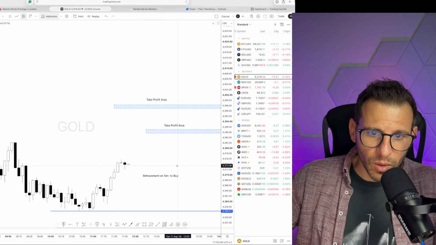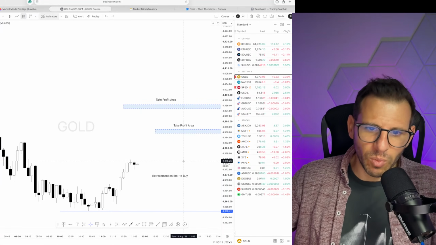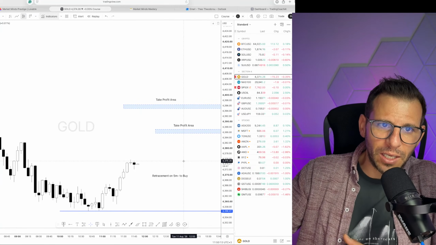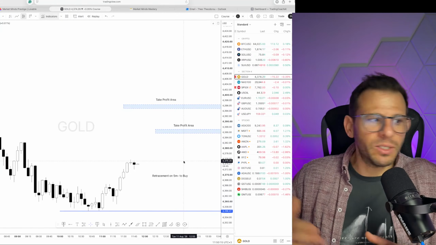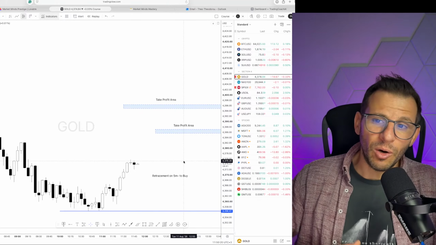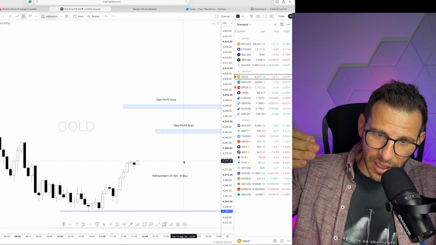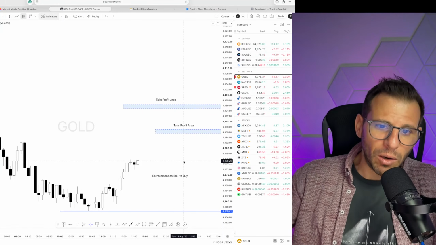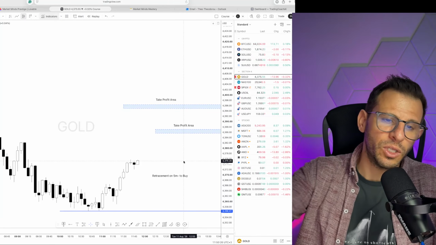Think about that. How is it possible these guys were making money with this stuff, but today, because someone came up and said, you know what, indicators don't work? It's the trader that doesn't know how to use them and in which market conditions to use them.